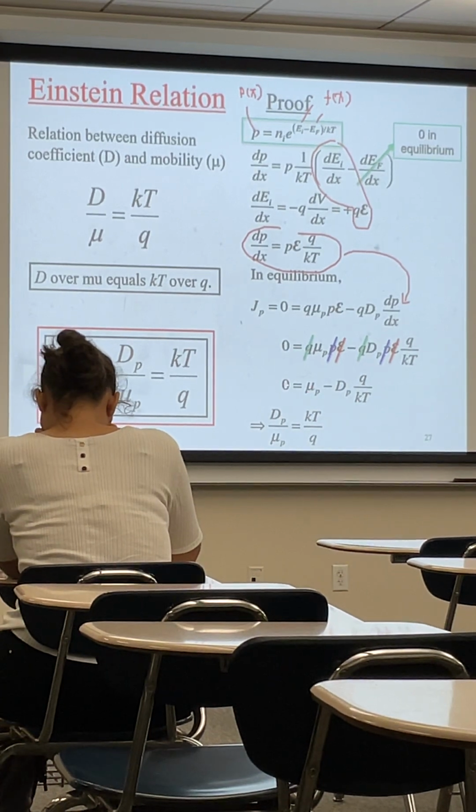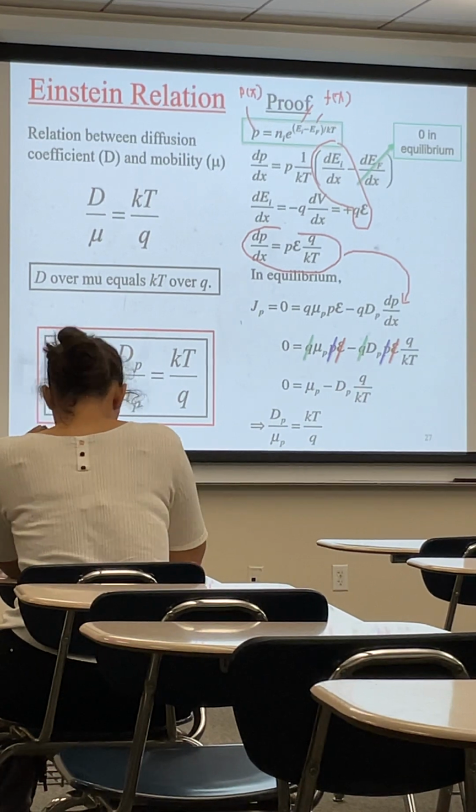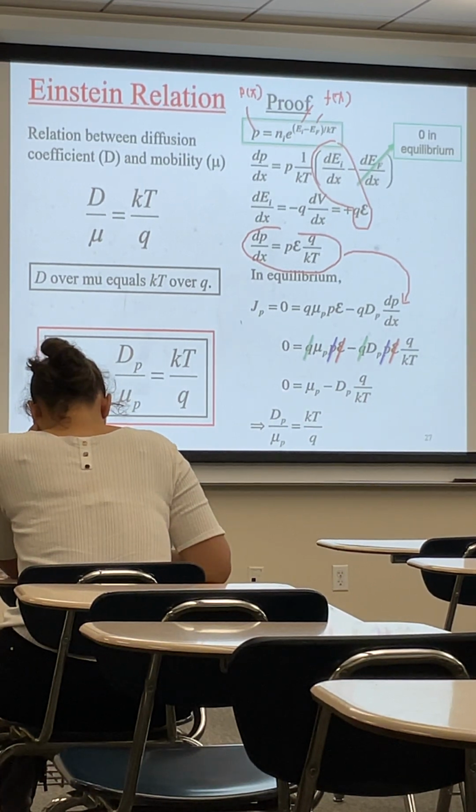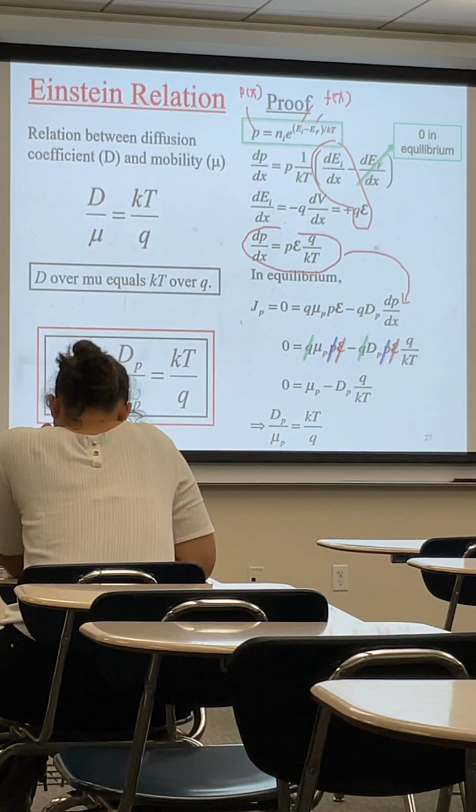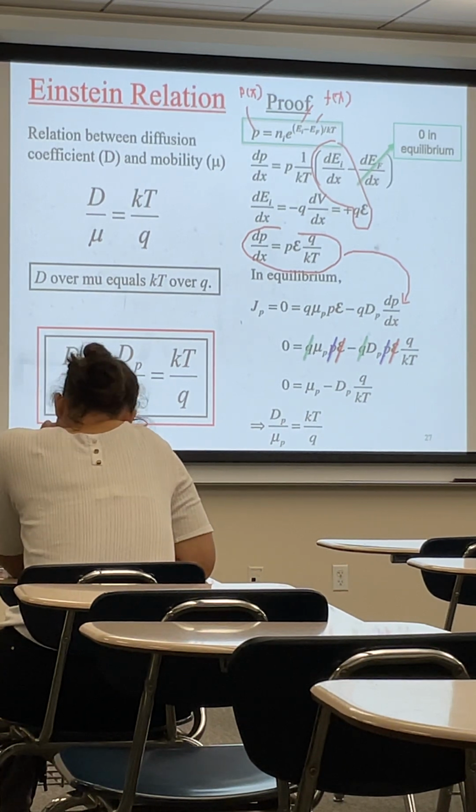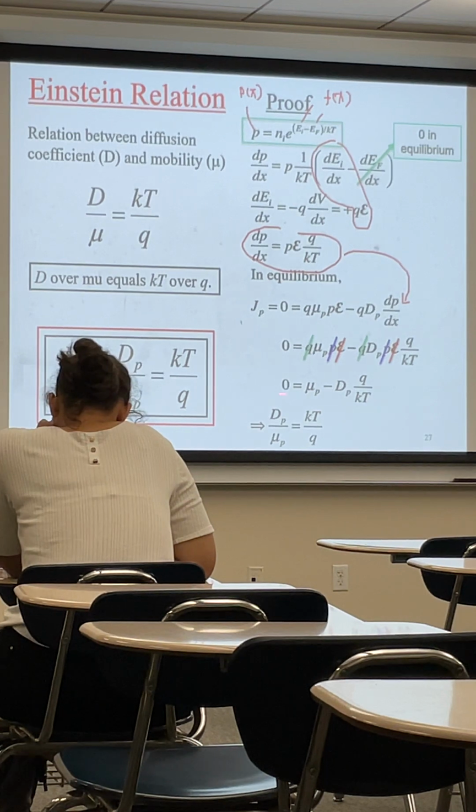We can get this mu minus dQ over KT is zero, and that's why we can get D over mu equals KT over Q.